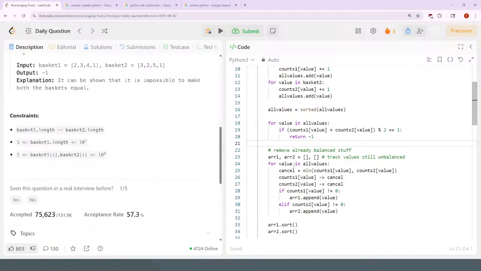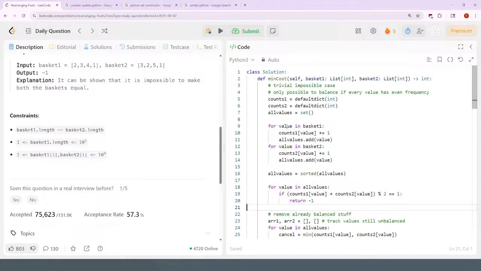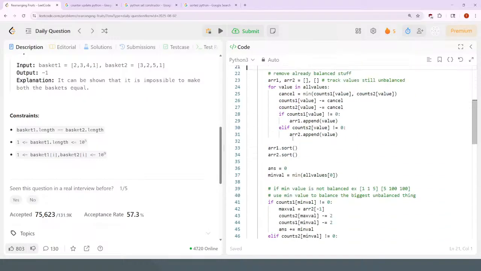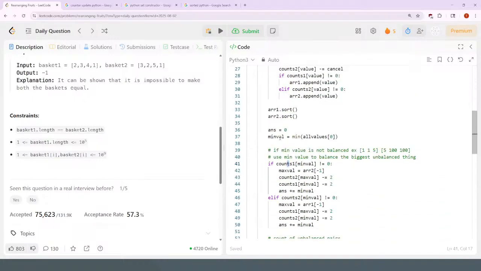So for every, let's see, where was I looking at? So the min value, if the remaining counts. Did I ever actually use array 1 and array 2?